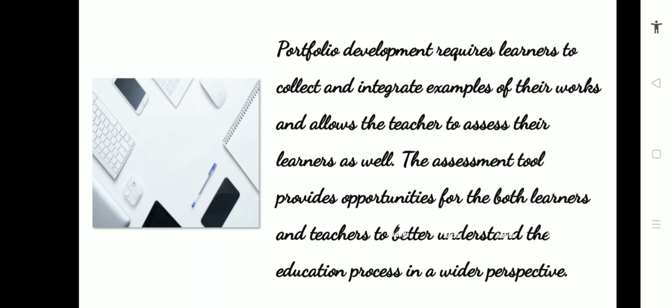Portfolio development requires the learners to collect and integrate examples of their works and allows the teacher to assess their learners as well. The assessment tool provides opportunities for both learners and teachers to better understand the education process in a wider perspective.